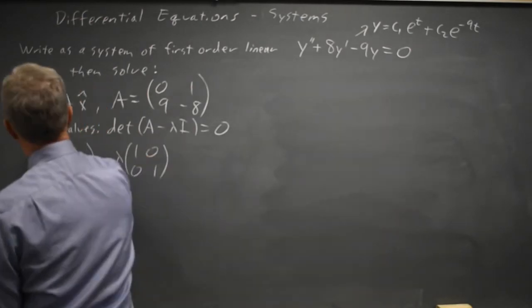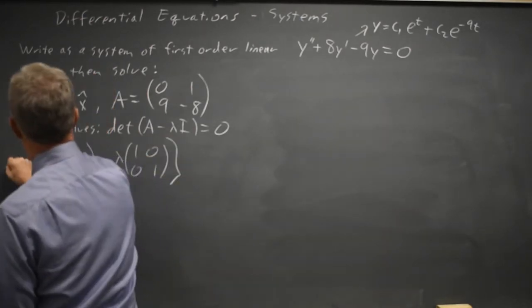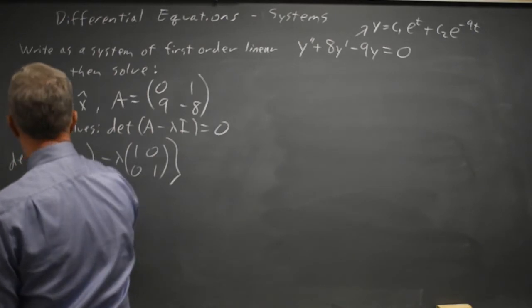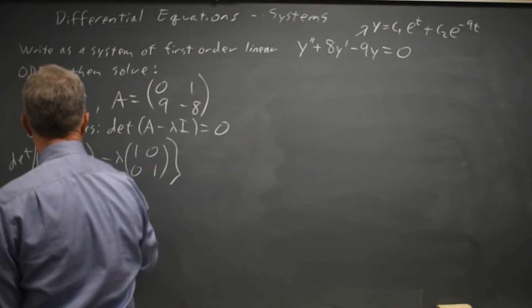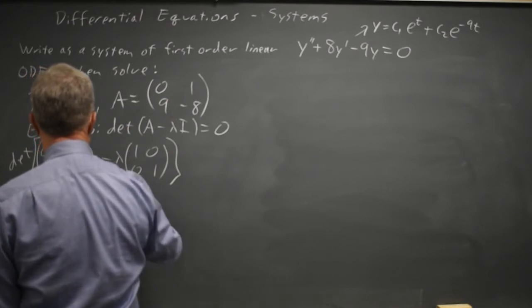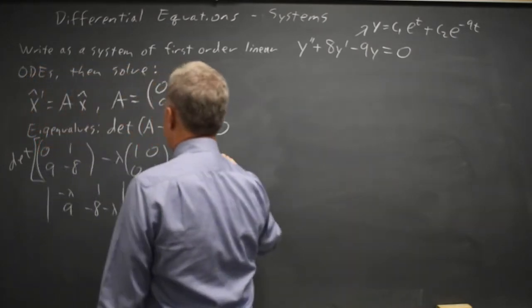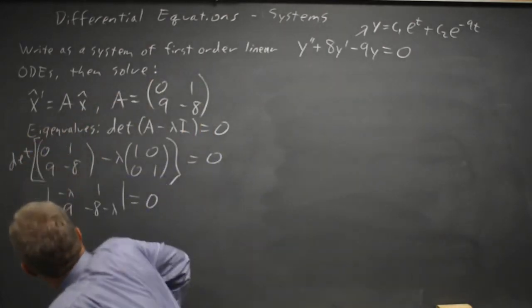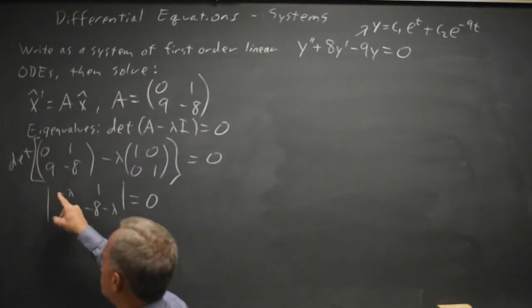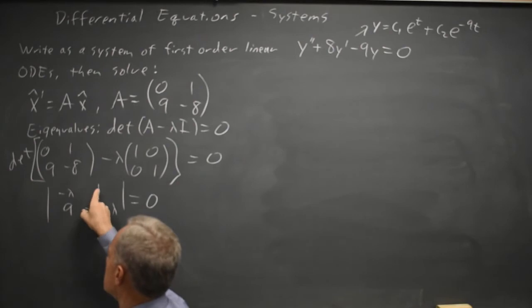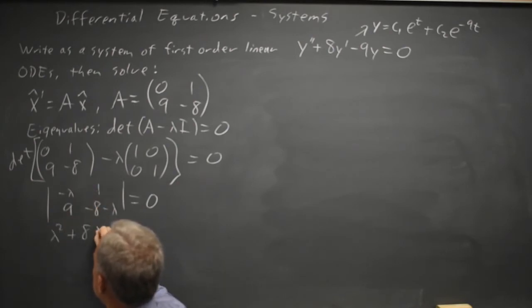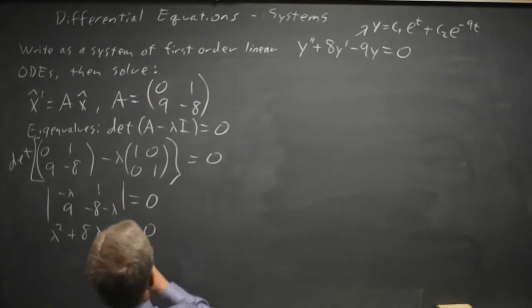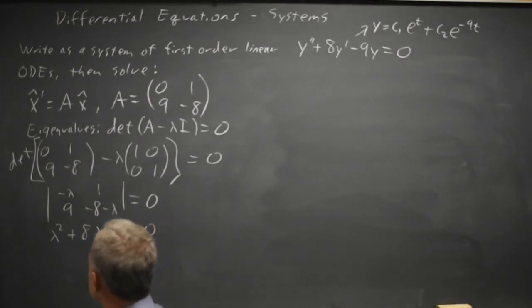And I want the determinant of that, which is the determinant of negative lambda, 1, 9, negative 8 minus lambda. And that determinant is supposed to be 0. The determinant of a 2 by 2 is the product on the main diagonal minus the product on the off diagonal. So that would be lambda squared plus 8 lambda minus 9 equals 0. And that is the characteristic polynomial we saw before.